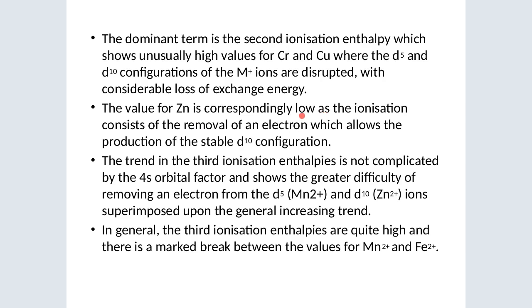Zinc has a correspondingly low ionization because the removal of an electron would allow for production of a d10 configuration, which is very stable. The trend in the third ionization enthalpies is not complicated by the 4s orbital factor, and the greater difficulty of removing an electron from the d5 ions when imposed upon the general increased trend would explain.